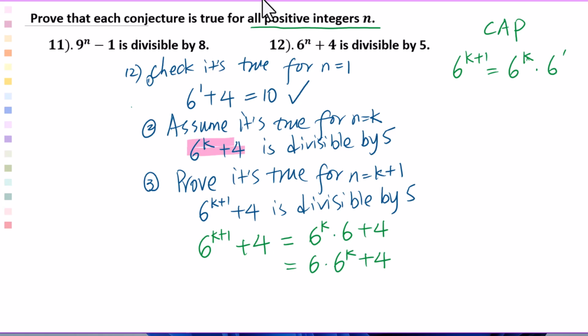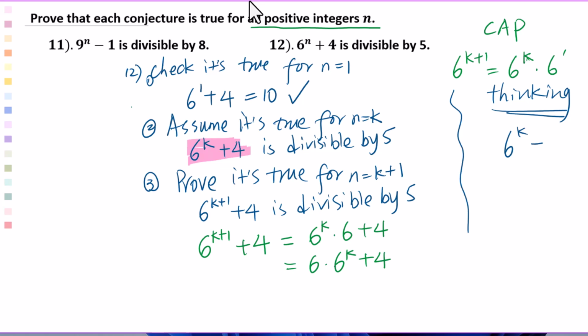You have to create this. This is your thinking part. Do not write this on your paper. We want to create 6 to the kth power plus 4. We are given 6 times 6 to the kth power.